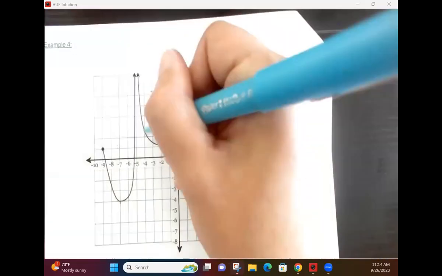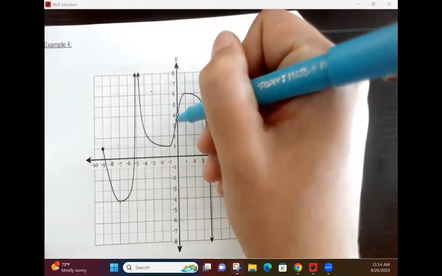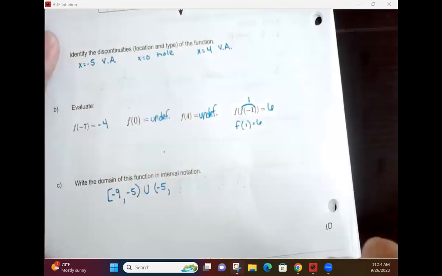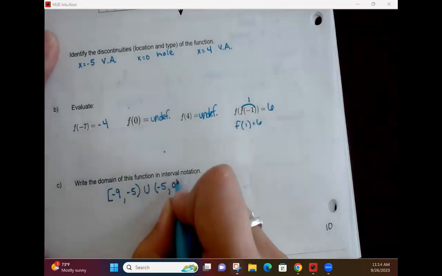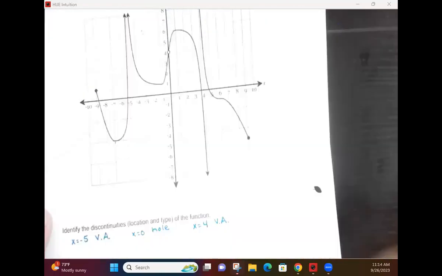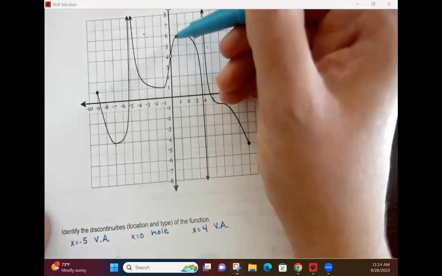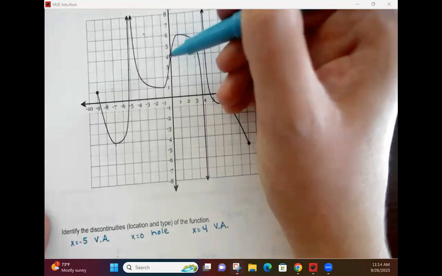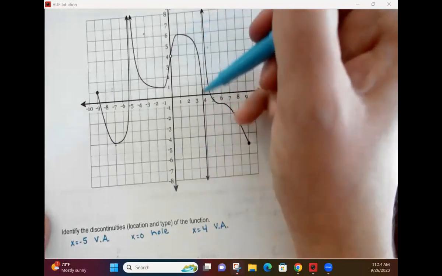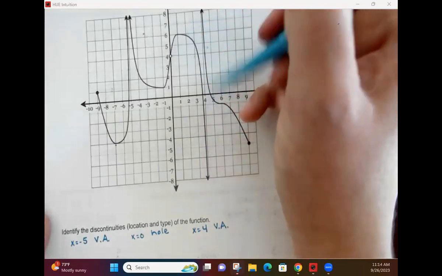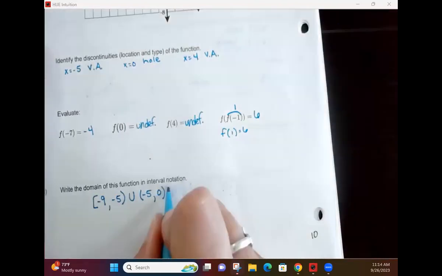And then we can go up to an x value of 0. At 0, we have a hole. So I can't have 0, but I can have anything between -5 and 0. And then I can have anything bigger than 0, not including 0, up until 4, because at 4, we have another asymptote.